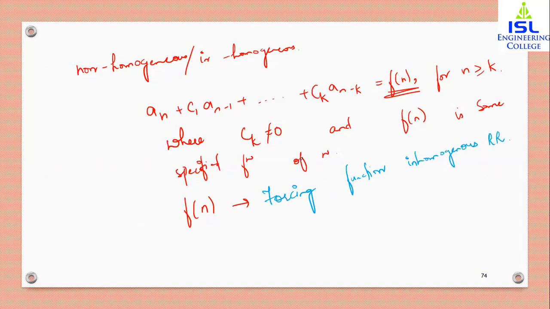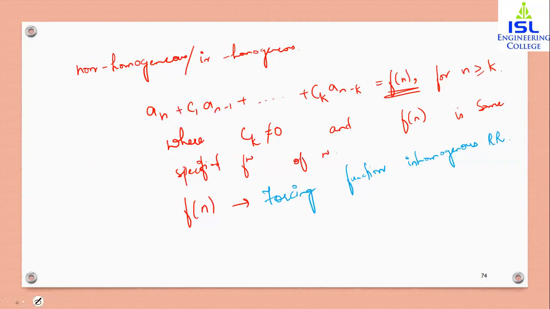Now we attempt to find a solution using generating functions, which we have already studied. We follow the same procedure that we used earlier and multiply our recurrence relation with A of x, that is our generating function series.